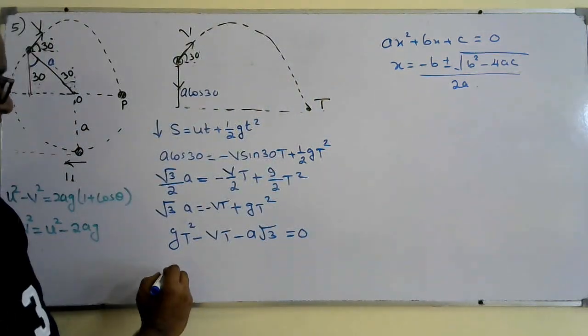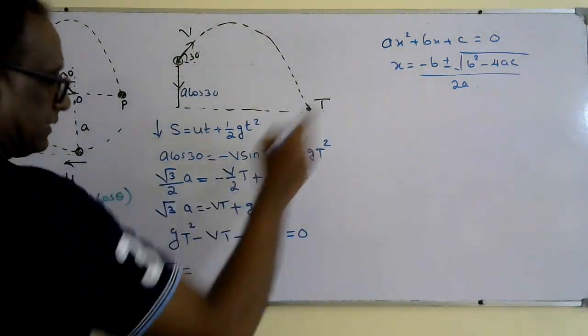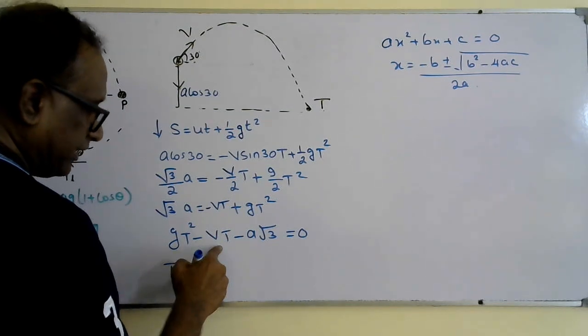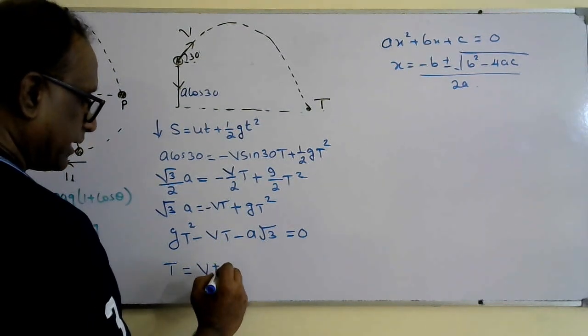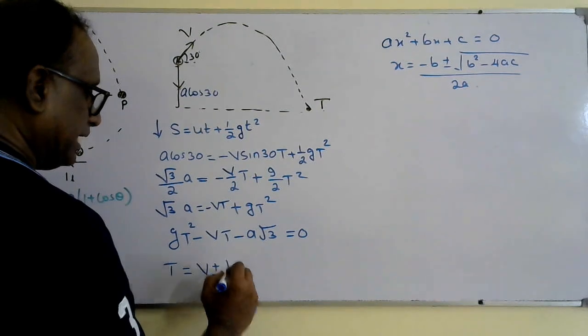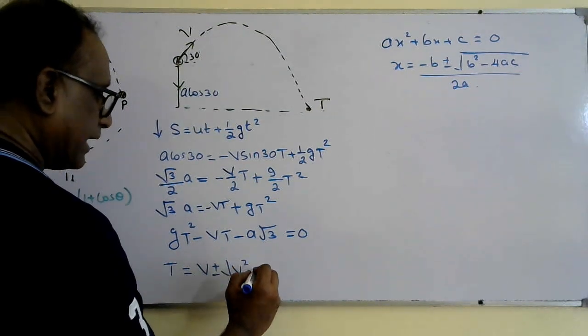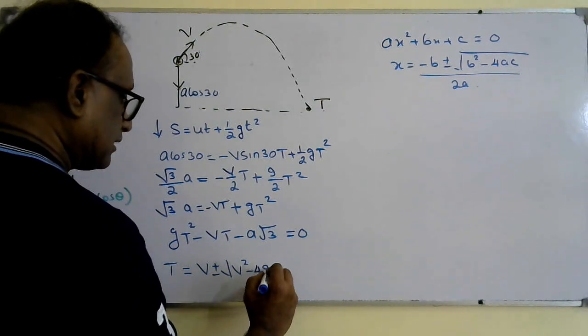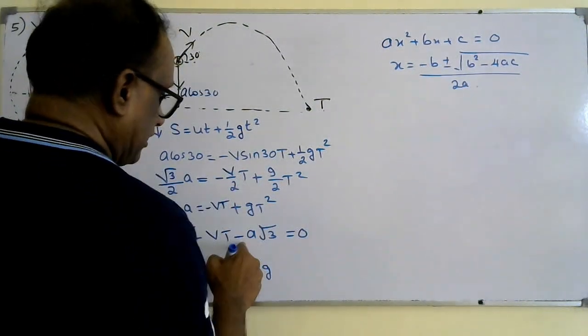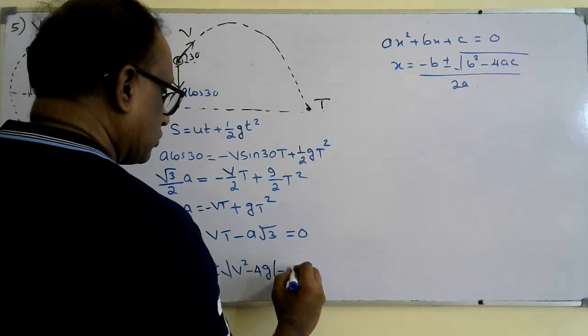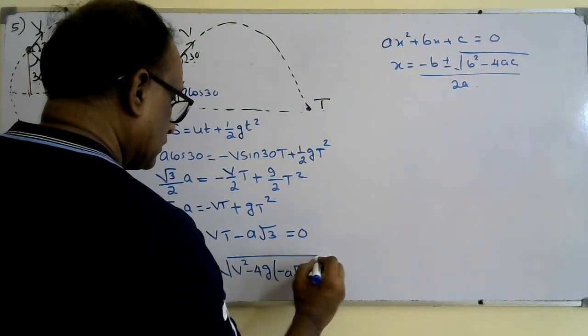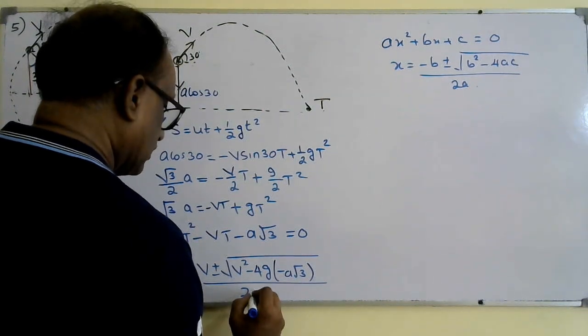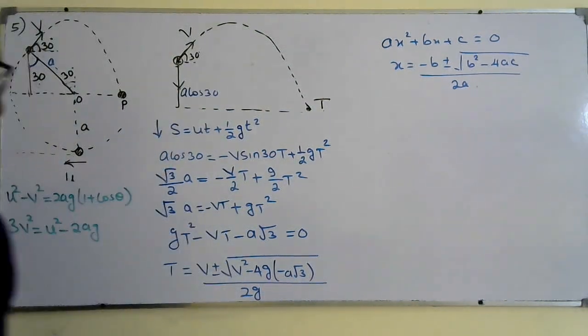So there, if we consider t is equal to minus b, that is minus v plus or minus square root of b squared means v squared minus 4 a is g, c is minus a root 3 over 2a, 2g. Looks very weird, is it? We'll see how we are going to solve it.